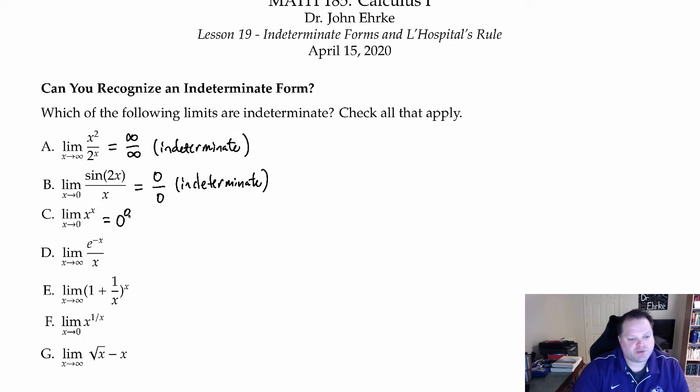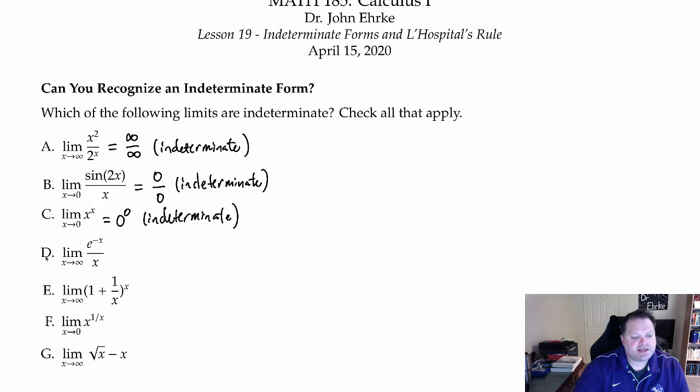But if you have numbers approaching 0 in the exponent, then overall the power is approaching 1, right? Because we know anything raised to the 0 is 1. So you have this indeterminacy between the base wanting to make things closer to 0 and the exponent wanting to either oscillate things because it's a negative exponent or make things closer to 1. So there are many different possible outcomes for this one. So this is also indeterminate.